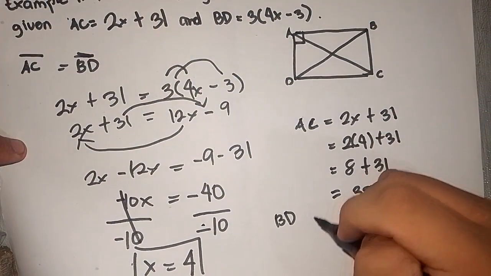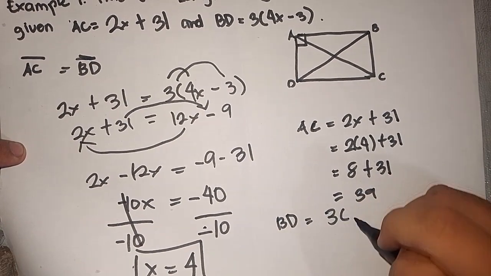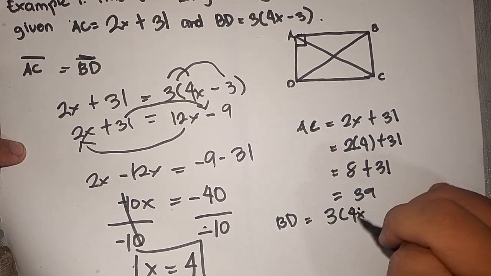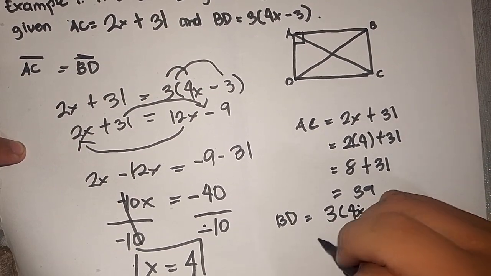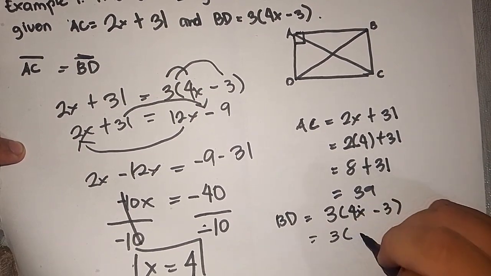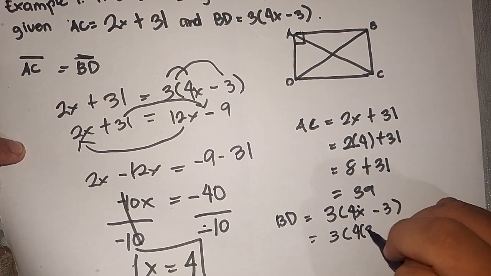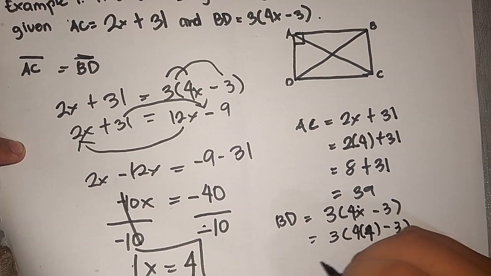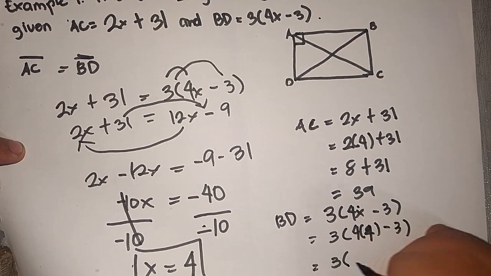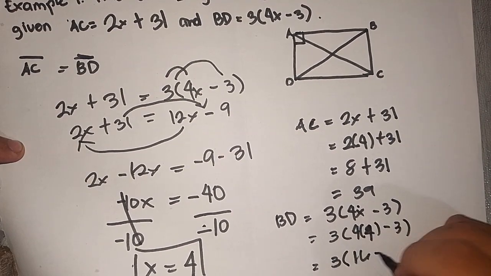So let's try. 3 multiplied with 4x minus 3. Let's substitute: 3 multiplied with the quantity of 4 times 4 minus 3, which is 3 multiplied with the quantity of 16 minus 3.